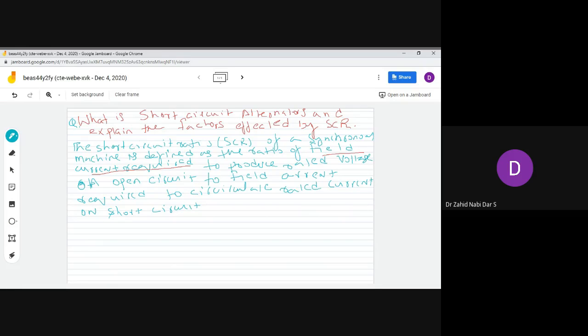Basically, voltage regulation of a machine, now I will revise it for you. Voltage regulation is described as follows: when the machine is kept on no load, there is no load connected to it.